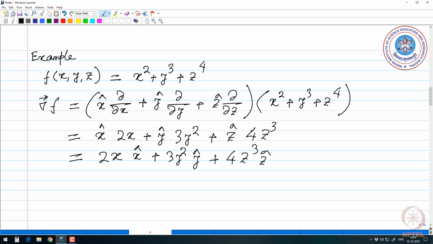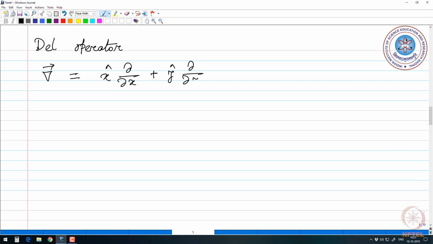So we can see that we have developed a del operator out of this. The way in the previous example we have written the gradient, this operator was equal to x cap del x plus y cap del y plus z cap del z.